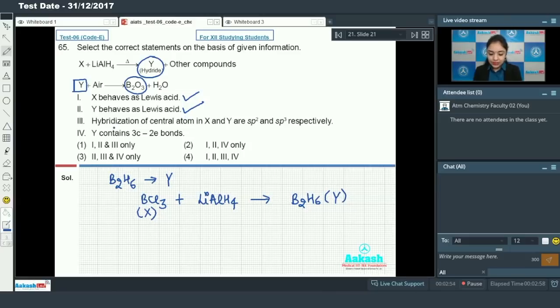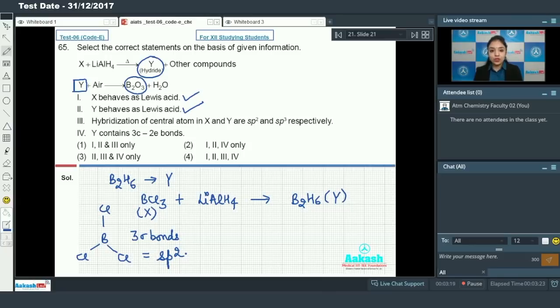Now in the third statement, the hybridization of the central atom in X and Y are sp2 and sp3 respectively. If we draw the structure of BCl3, it has a trigonal planar structure. You can see here it has 3 sigma bonds and 0 lone pairs. So what will the hybridization be? It will be sp2.